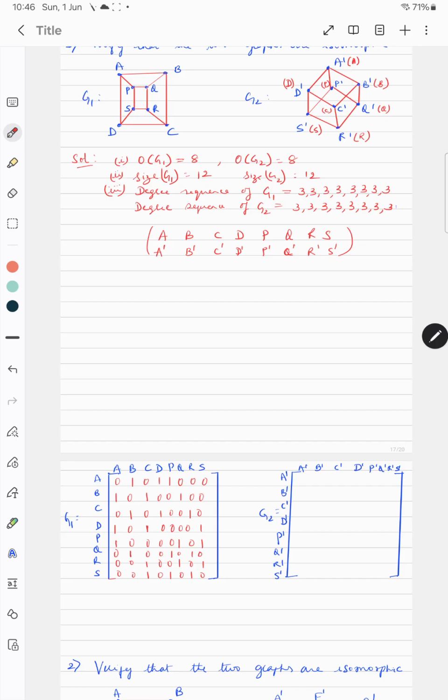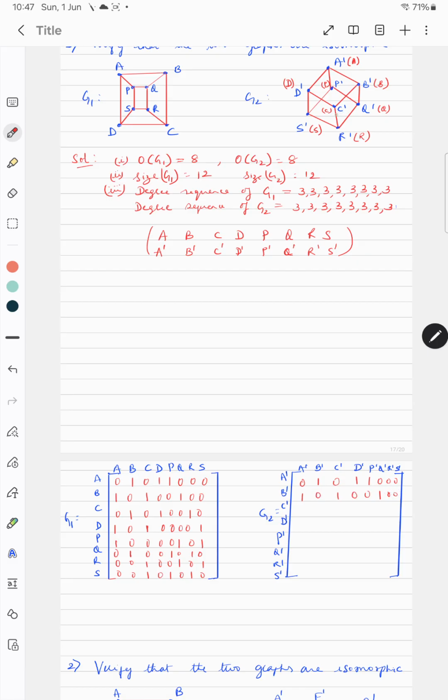Similarly, if you try to write the adjacency matrix for G2, A dash is adjacent to D dash, P dash, B dash. Remaining all zeros. Then B dash is adjacent to A dash, C dash, Q dash. Remaining all zeros.